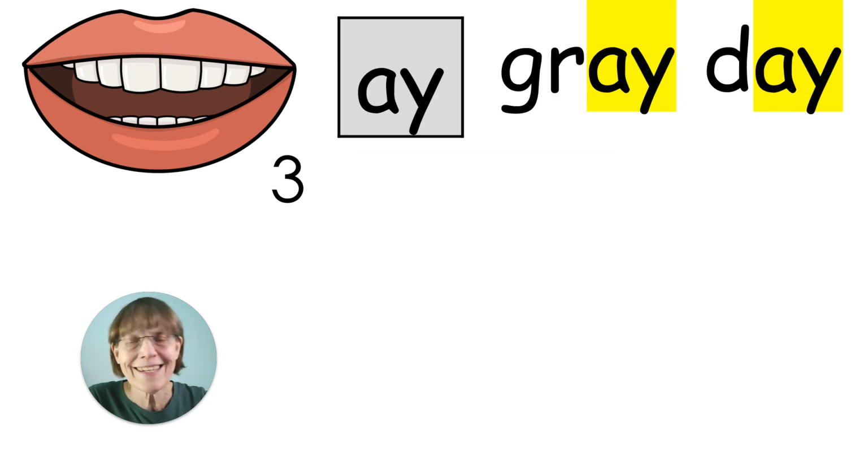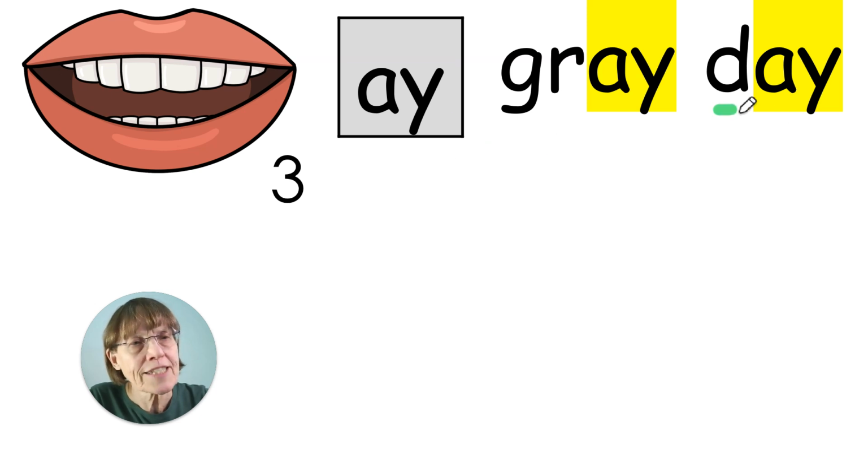Please read 2 words. So here we have a G and an R sound together. Gr, and then A. Gray, the color gray.